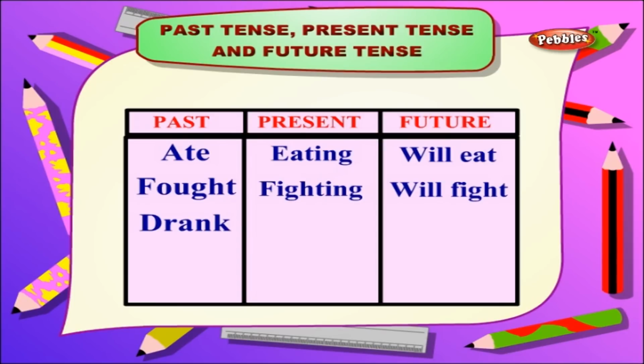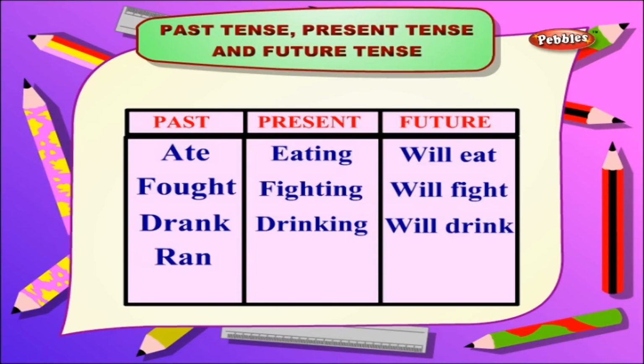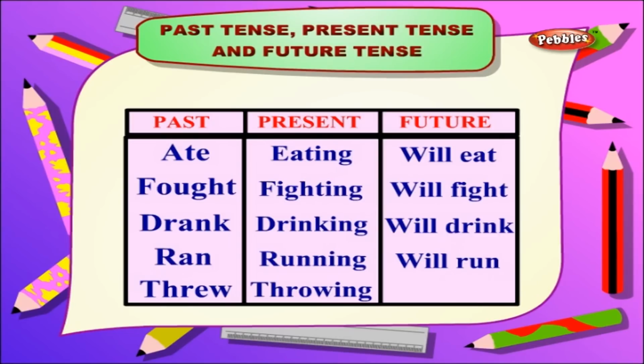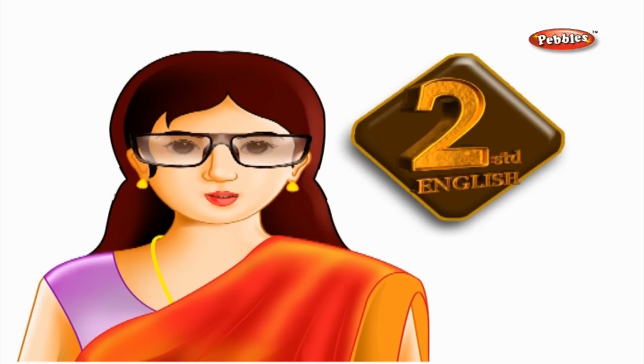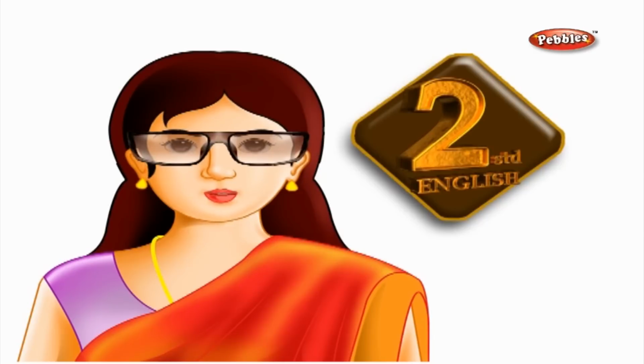Drank, drinking, will drink. Ran, running, will run. Threw, throwing, will throw. Now let us do some examples by choosing the correct tense from the given options.